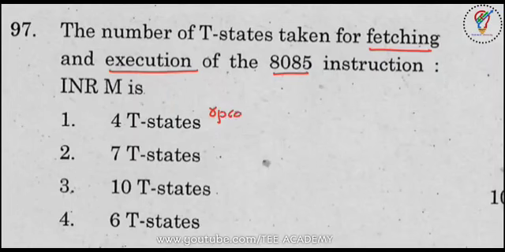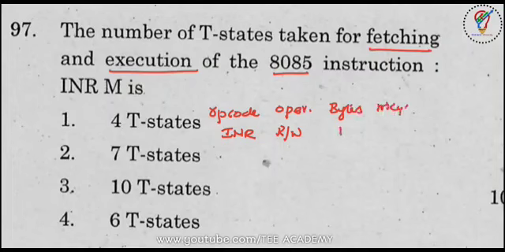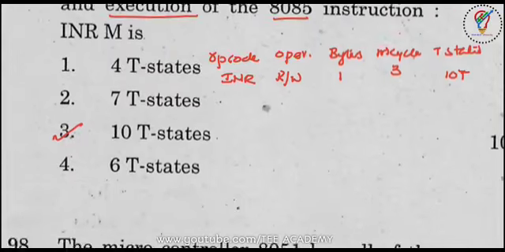The opcode is INR, the operand is M (memory), and it takes the number of bytes as 1. The machine cycles are 3, and the T states are 10. So for execution and fetching, 10 is the right answer for this question here.